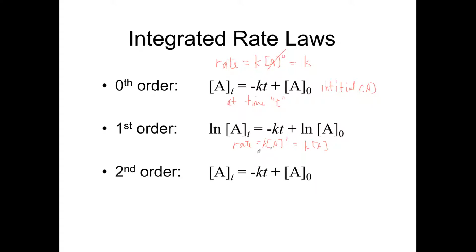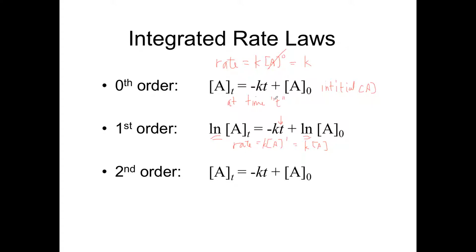So the integrated rate law for that is the natural log, that's ln, of the concentration of A at time t is equal to minus kt plus the natural log of A0. And look at how similar these two integrated rate laws are. They look very similar. This is just the natural log of those two terms.